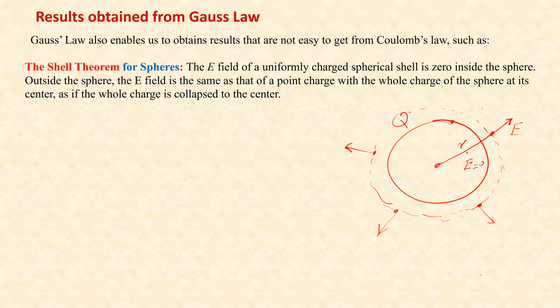All right, and then we apply Gauss's law again. So, the integral over the closed surface. This is our Gaussian surface. The integral of E dot dA is equal to the total charge enclosed divided by epsilon naught.